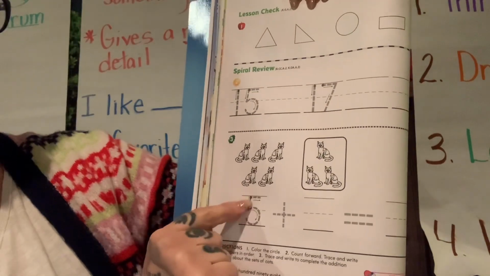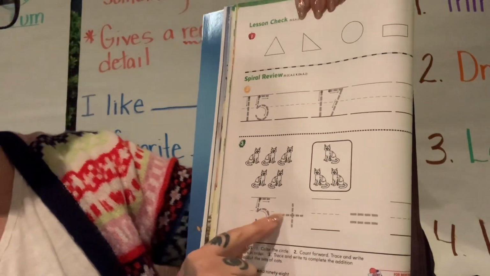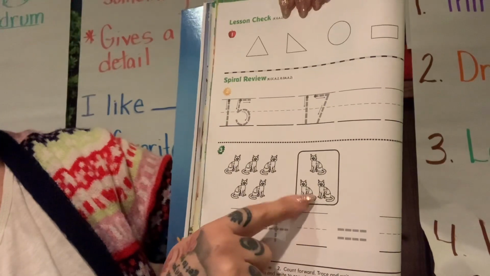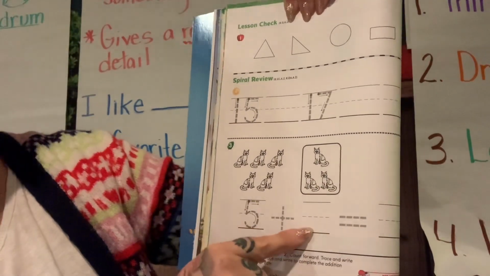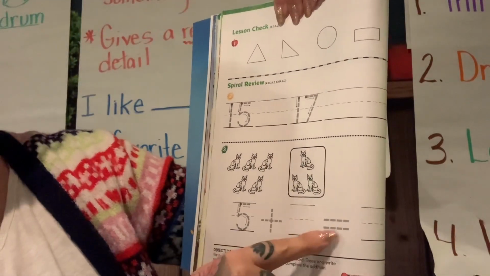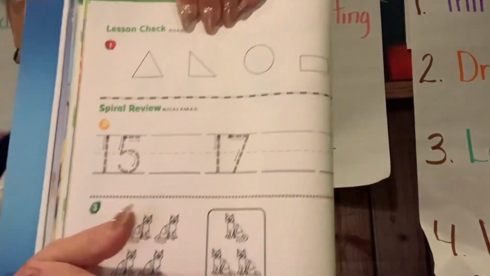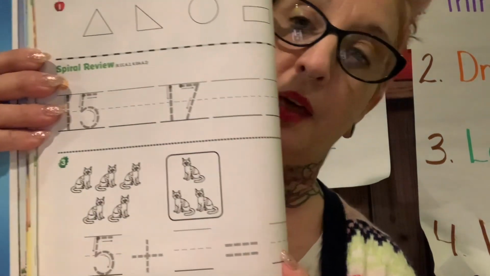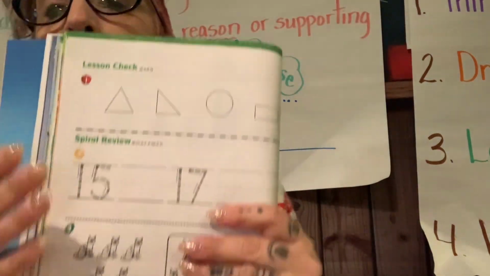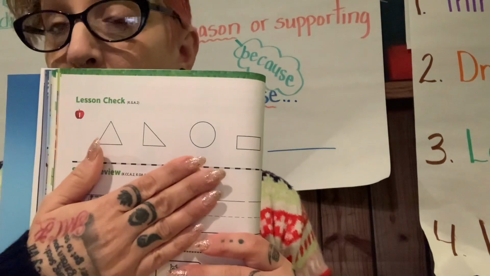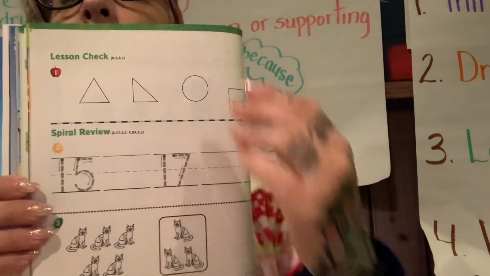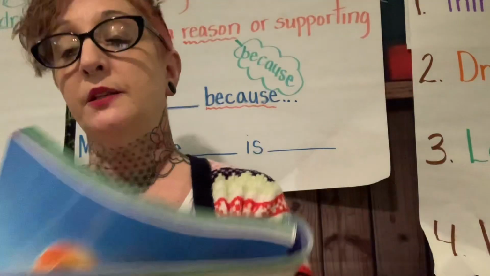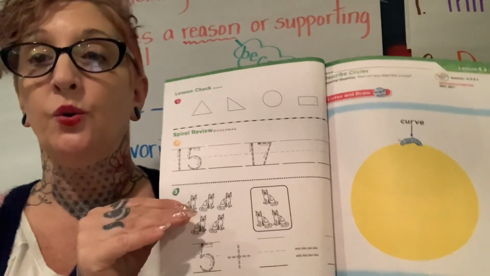You have to trace it with your pencil, plus write down how many cats you see in the box right here, equals, and I want you to count all the cats, and right here tell me how many you have all together. Okay, so again, this could be done in Think Central on the computer, or if you do these 2 pages, if you do the circle one and this one, I need to see it in Google Classroom under our math assignment.